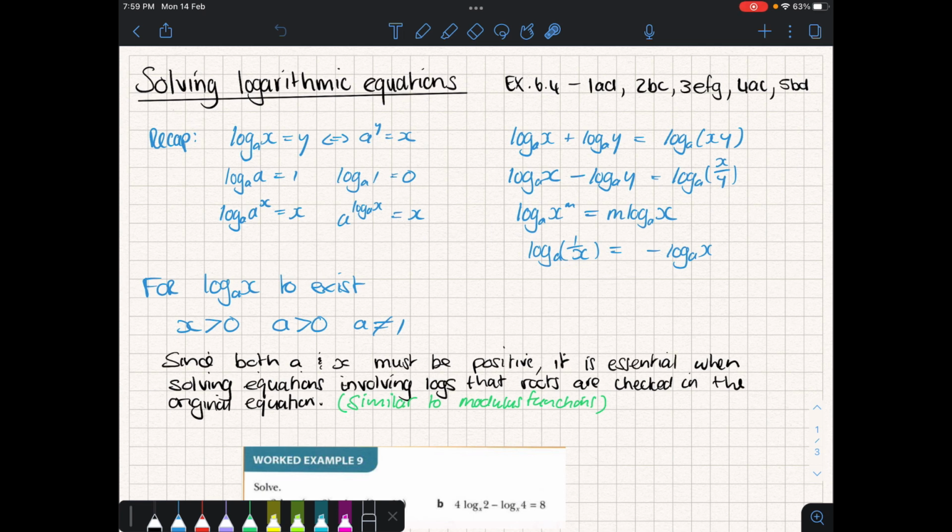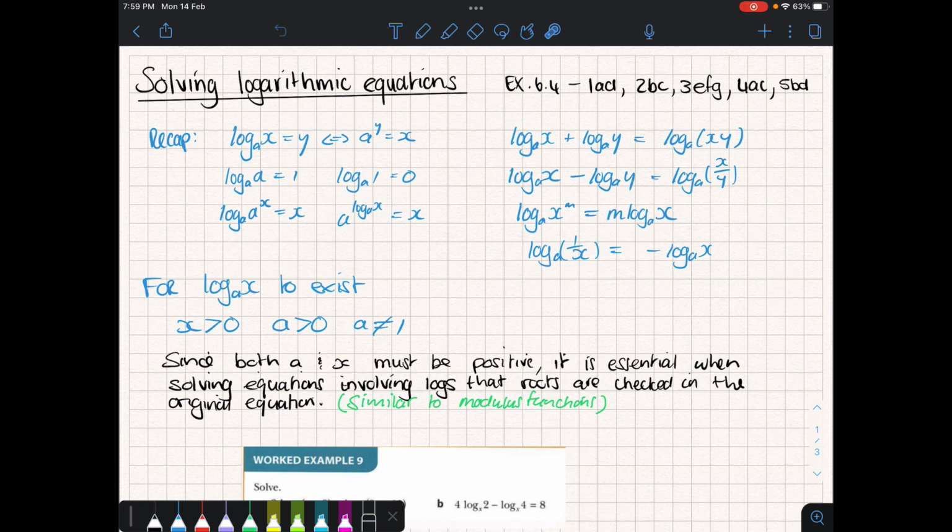As we saw before, and nothing's changed, for logs to exist, x must be greater than 0. In other words, the value has to be a positive number, and also the base has to be a positive number. The laws don't exist for bases or values that are negative, and we also don't use values where the base is 1.